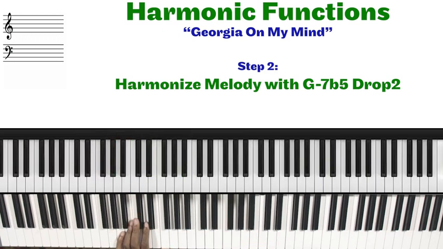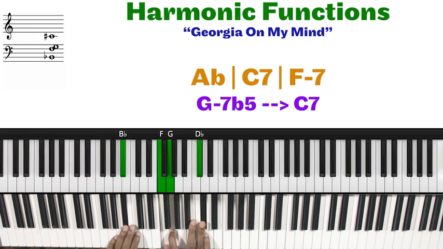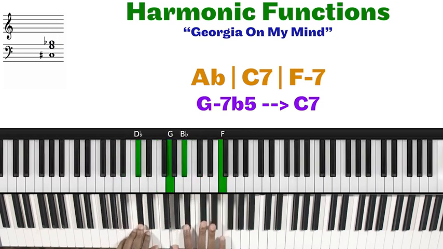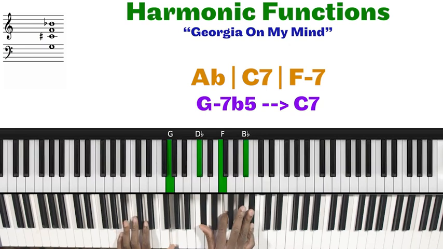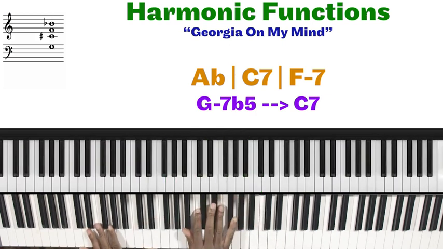And so just really quickly what I did, G minor 7 flat 5, drop 2, then I inverted it up, then inverted it up again, and this is where the melody comes back in, and I resolve to the C7.